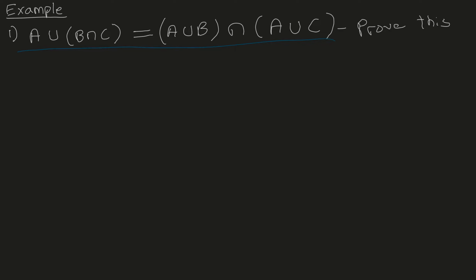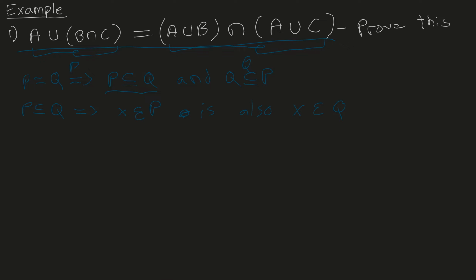I'm going to denote the left hand side by P and the right hand side by Q. So we're told to prove P equals Q. Remember from the previous part, P equals Q simply implies P is a subset of Q and Q is a subset of P. And to prove P is a subset of Q, all we need to do is show that an arbitrary element X, which is in P, is also in Q. So X is in P also means X is in Q.